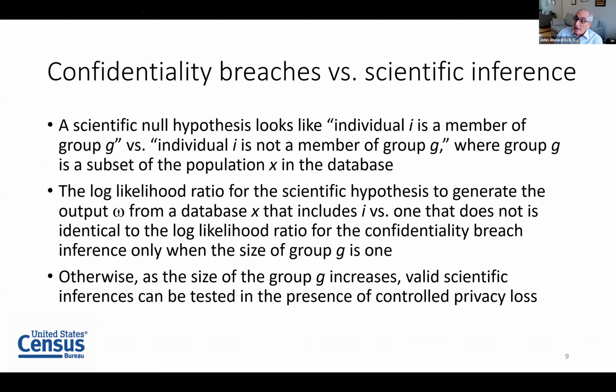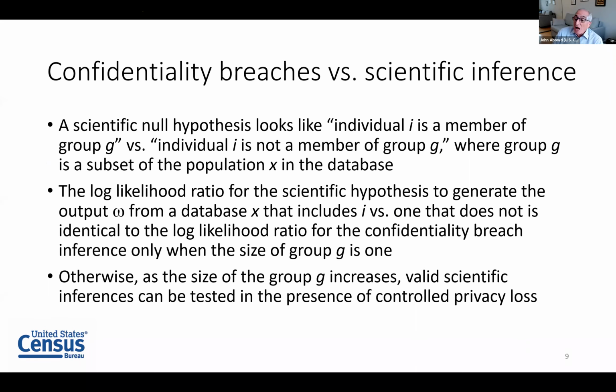And there's a proper likelihood ratio that embodies the data evidence for that scientific hypothesis. And that likelihood ratio is only coincident with the confidentiality breach likelihood ratio statistic when the size of group G is 1.